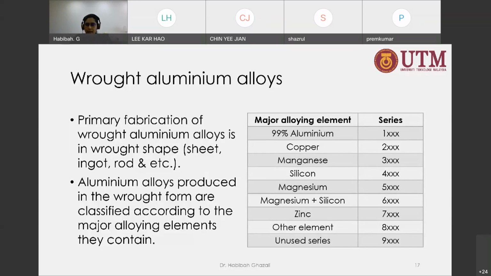And with zinc as the major alloying element, we denote them as the 7000 series, and we have all the others. If we have other alloying elements, they are all classified into the 8000 series. So that's for the wrought aluminum alloy.